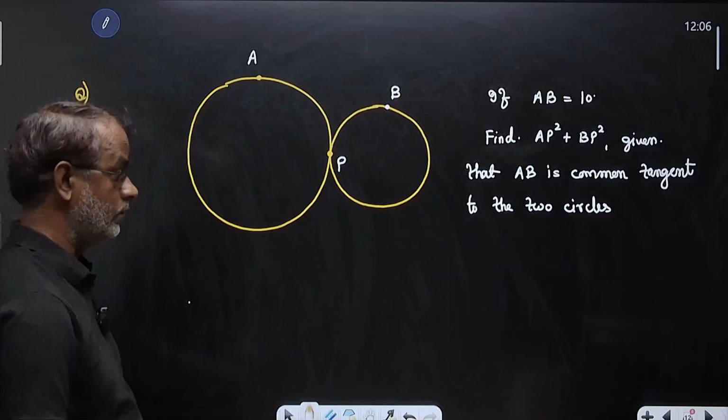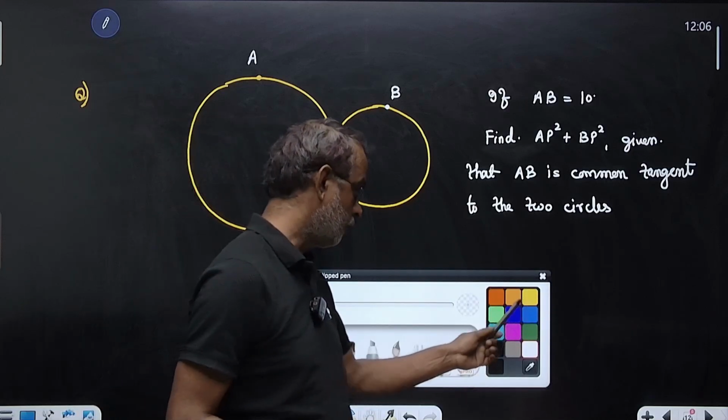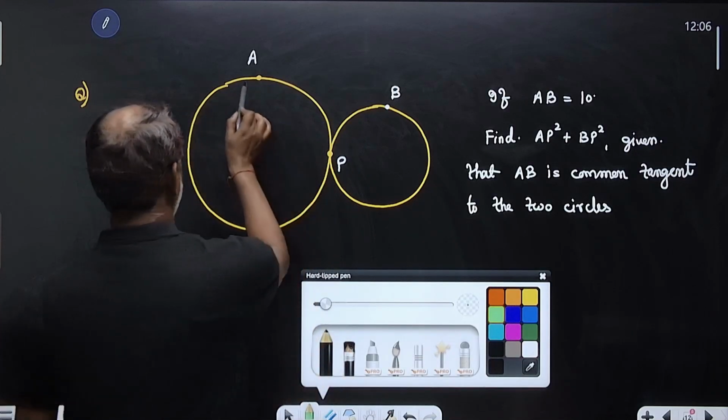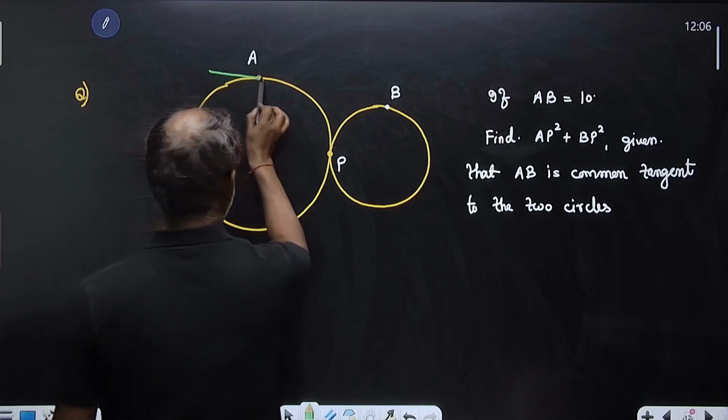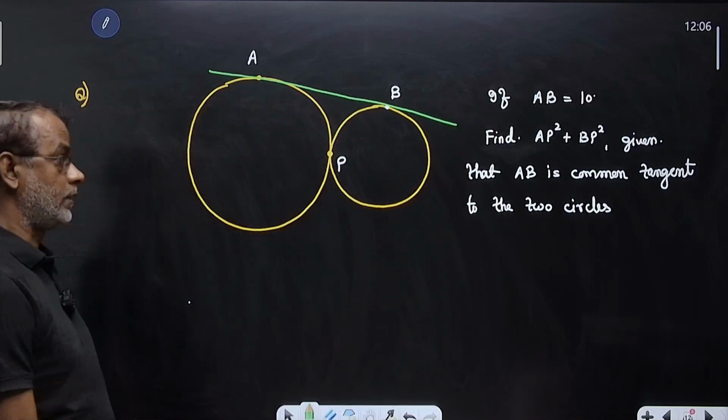This is our question. Okay. So, what further data is provided? We are being provided with the data that AB is common tangent.